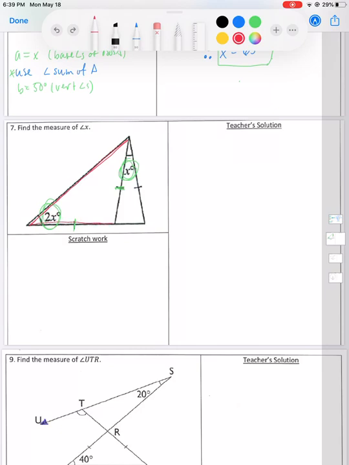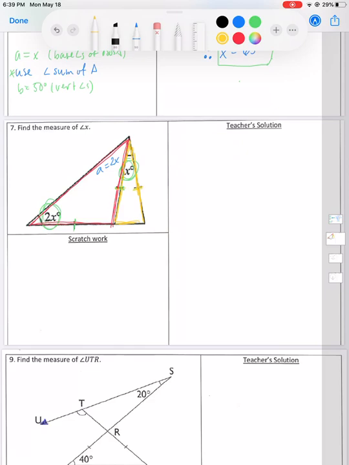It is also isosceles, which means that this angle here is also 2x, but I don't know what it is, so let's label it as A. That's also equal to 2x. We also have this yellow triangle that has an x in it, so that might help us.